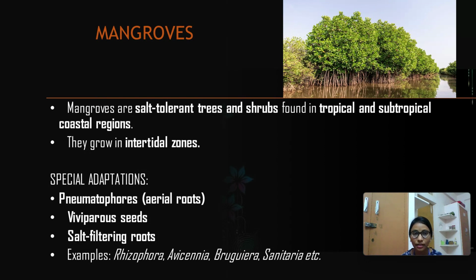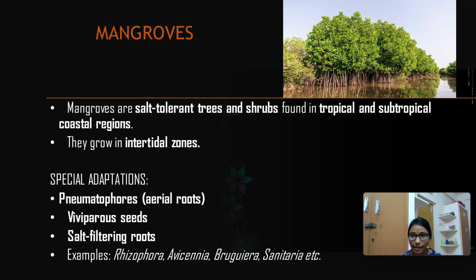For the survival of the mangrove plants, they have to adapt to some special features, such as pneumatophores. It means they adapt an aerial root system, where pneumatophores are used for respiration, for the exchange of gases. Also, viviparous: every plant has the feature to produce seeds, but these mangroves produce viviparous seeds that attach to the parent roots.